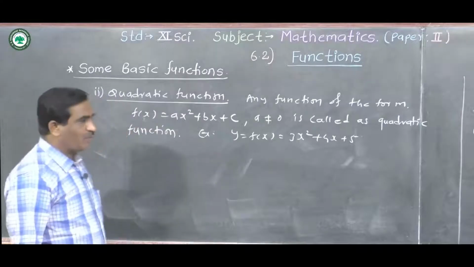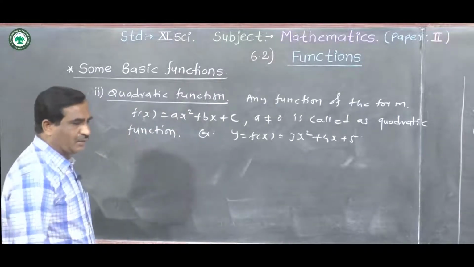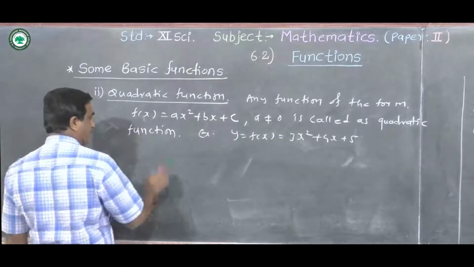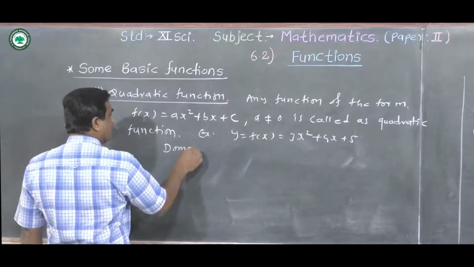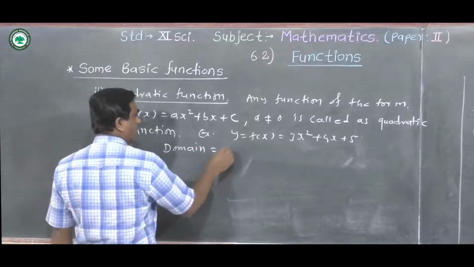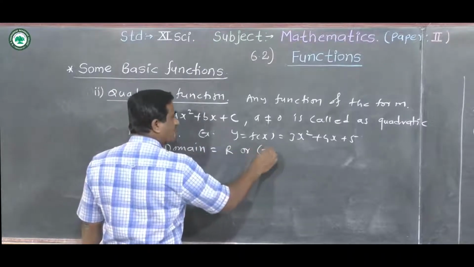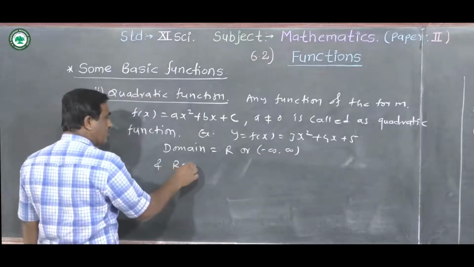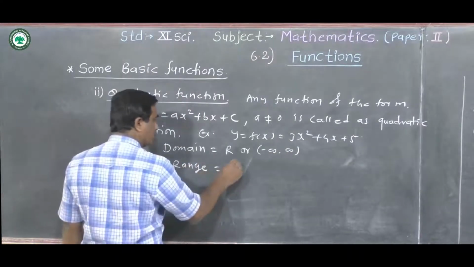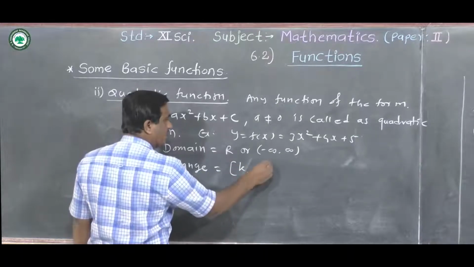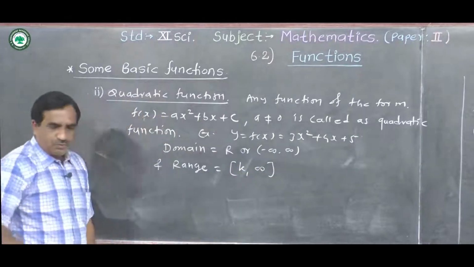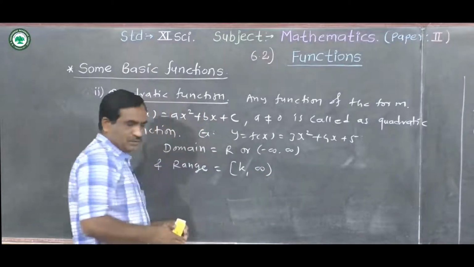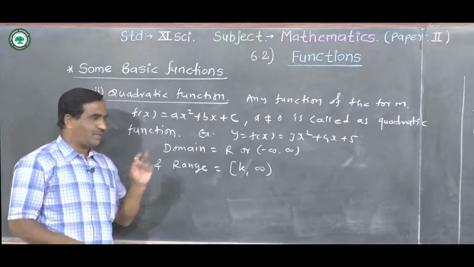Now here domain for the quadratic function is R or minus infinity to infinity, and range for this quadratic function is k to infinity, semi-open or semi-closed interval.